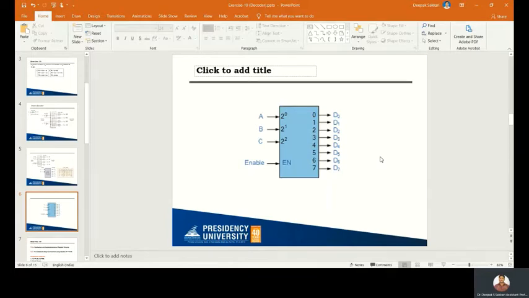So for different options of A, B, and C, I'll be getting output at D0 till D7. So one more pin is there, that is enable pin, and the IC. This is nothing but the 3 to 8 IC 74138, right? So it is 74LS138 binary decoder.